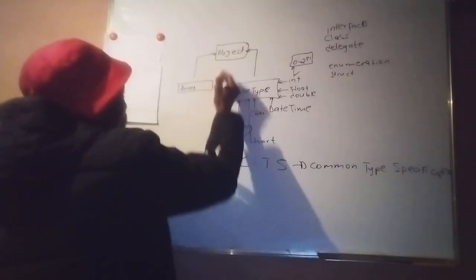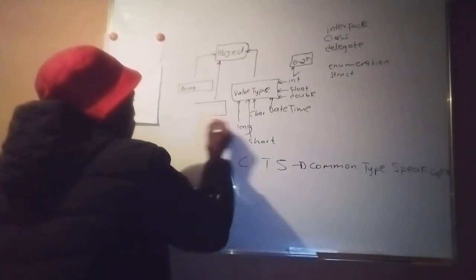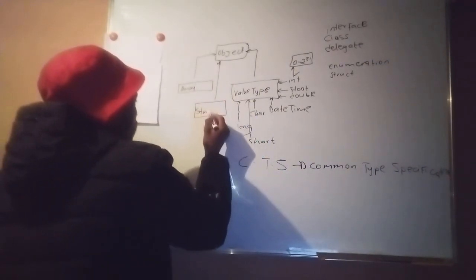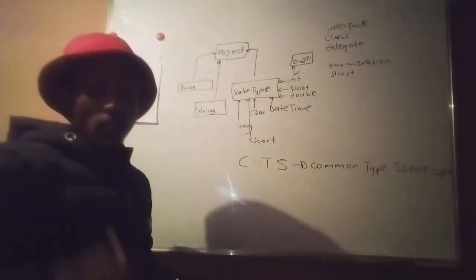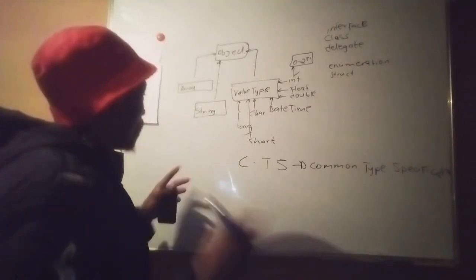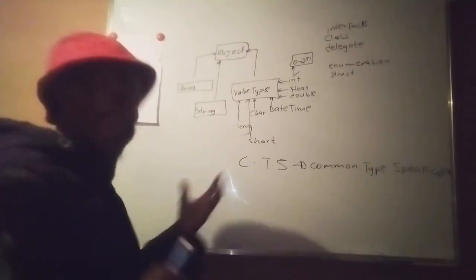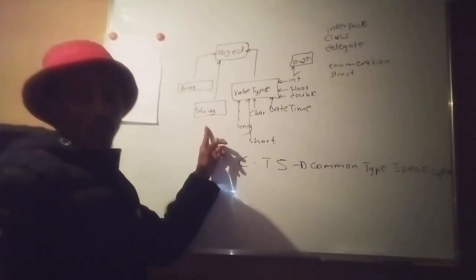The other reference type is string, which allows us to work with literal data: your names, the names of people, the names of schools. So any data that includes literals, we use the string.